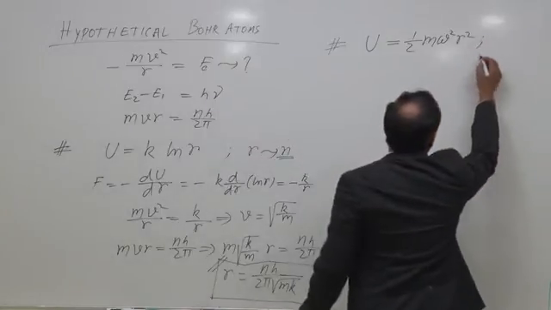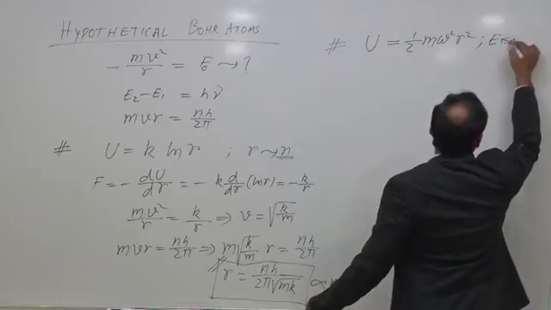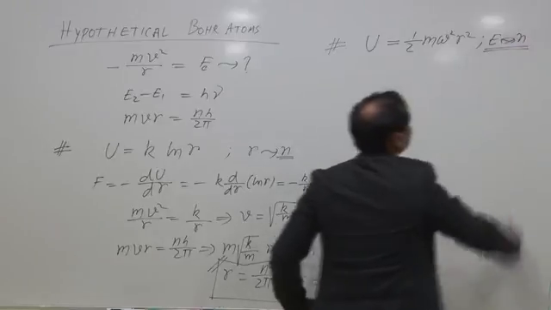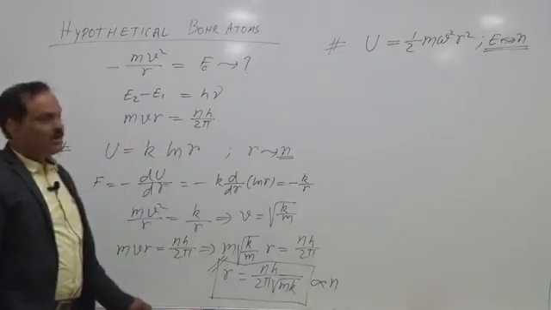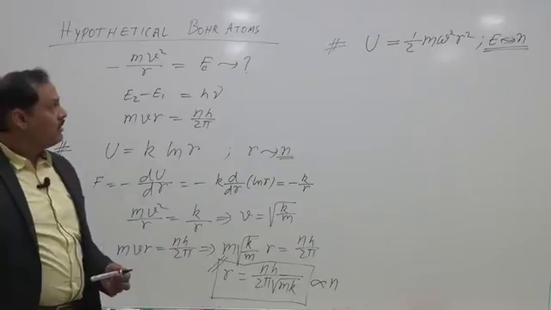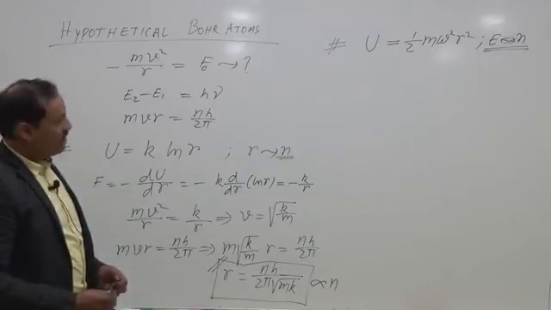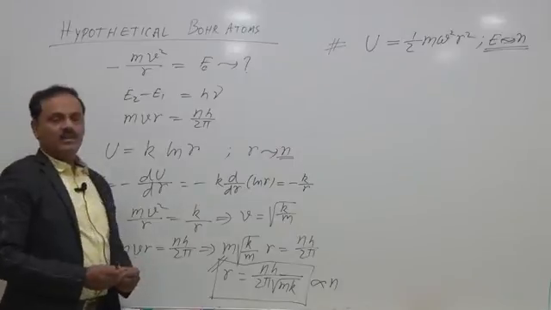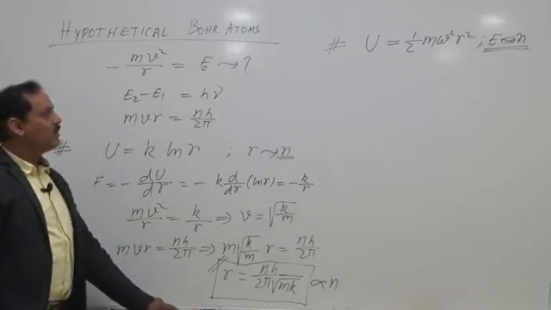Then find the expression of total energy in terms of principal quantum number. So, the potential energy is half m omega square r square, where the symbols have their usual meaning, and you have to find the expression of total energy in terms of principal quantum number.